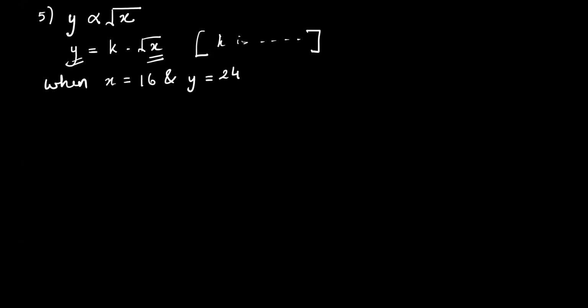Now substitute the values, 16 and 24, here. So what will come in place of y? 24. 24 is equal to k. Into, should I write 16 or square root of 16? Square root of 16. Okay, so 24 is equal to k into, do you know what is square root of 16?